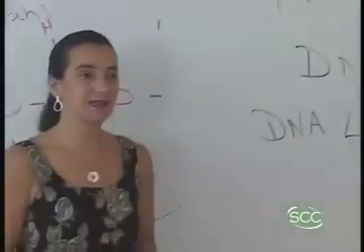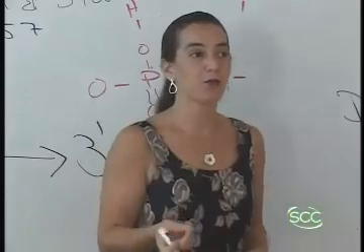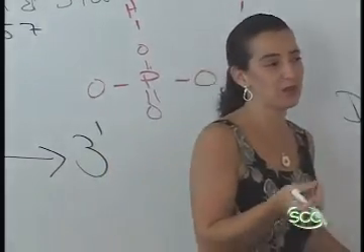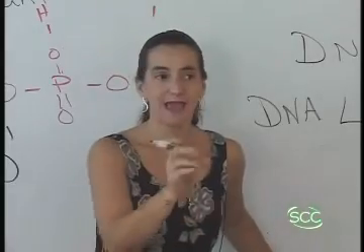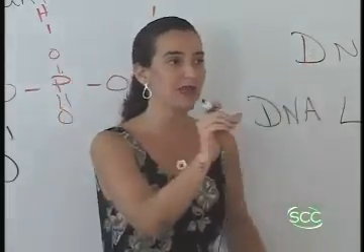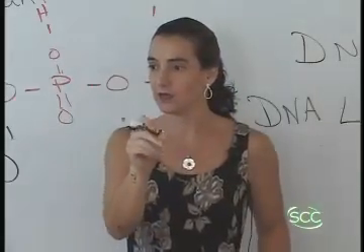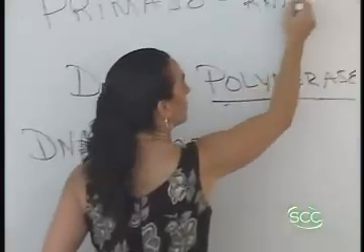The primase enzyme will lay down an RNA primer. It'll put down 10, 20, maybe 30 RNA nucleotides, making this, at this origin of replication, making this point sticky. Okay? It puts down an RNA primer.